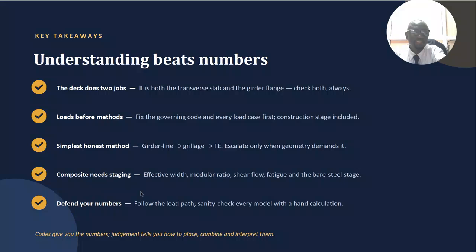Composite needs stages: effective width, modular ratio, shear flow, fatigue, and the bare steel stage. Please check: there's when the girder acts alone, and there's when they act in composite action. So always be aware. Now define your numbers. Follow the load path. Sanity check every model with a hand calculation. Codes give you the numbers. Judgment tells you how to place, combine, and interpret them.